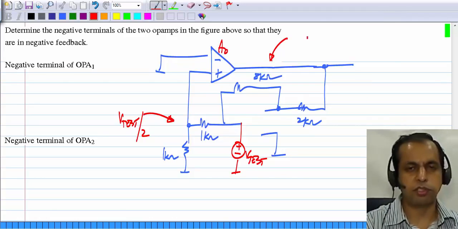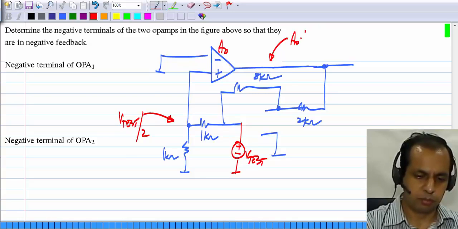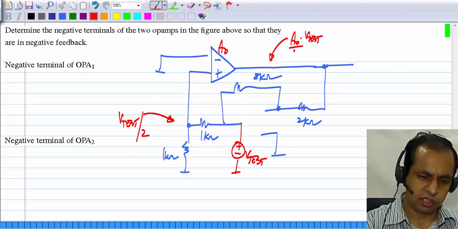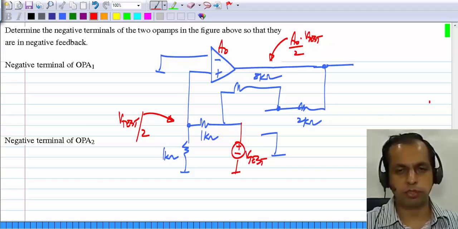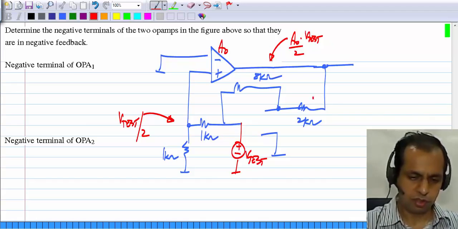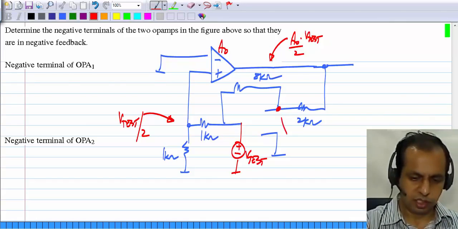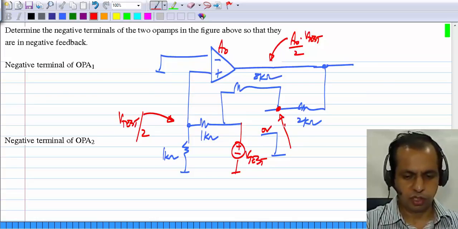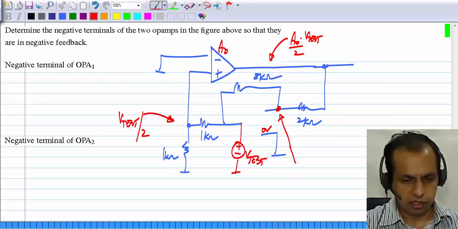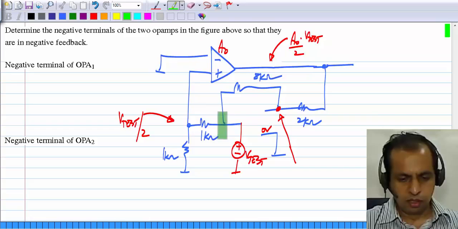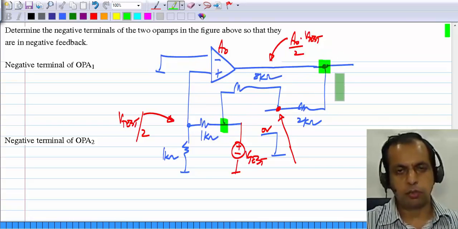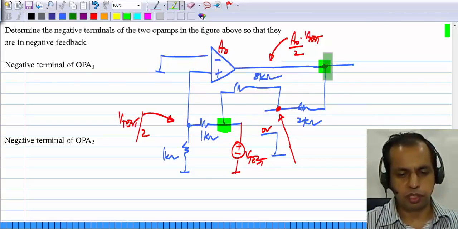Let me say the gain of this op amp is A0. It's A0 times Vtest divided by 2. It's some positive number, that's what we want. Okay, and this is the input of the op amp. The other input is at 0 volts, and this voltage, what is that? That will be related to this and that one. Okay, it will be weighted summation of this voltage and that voltage.